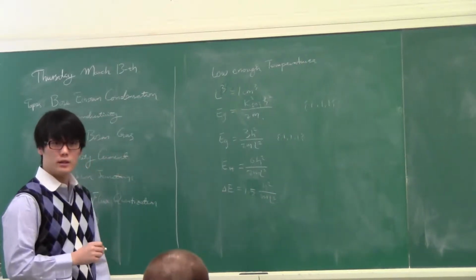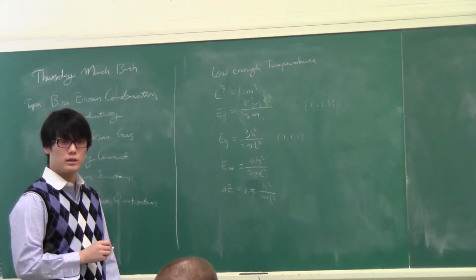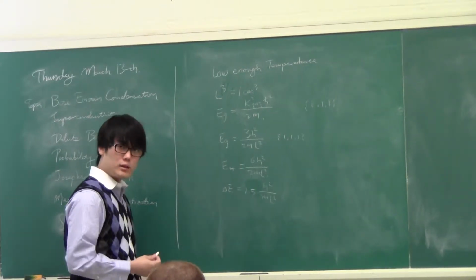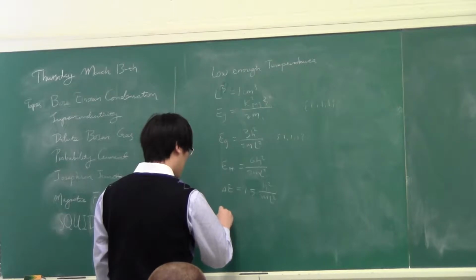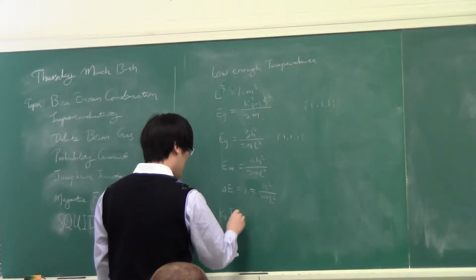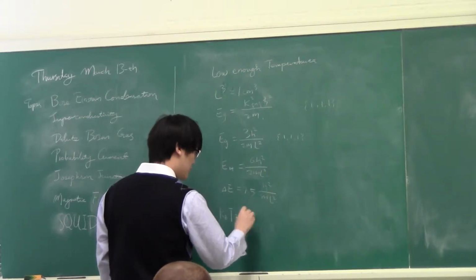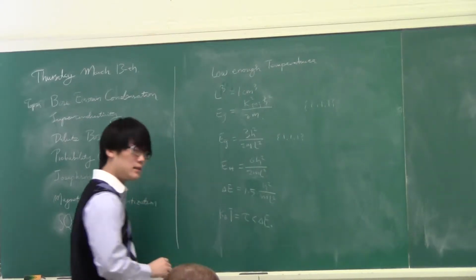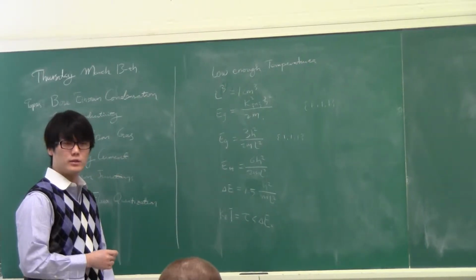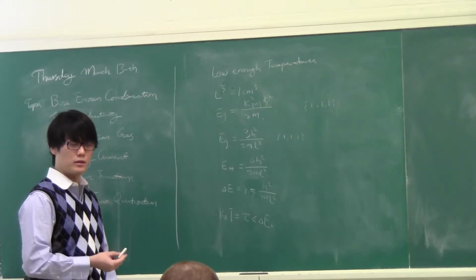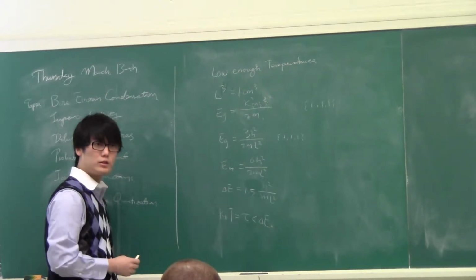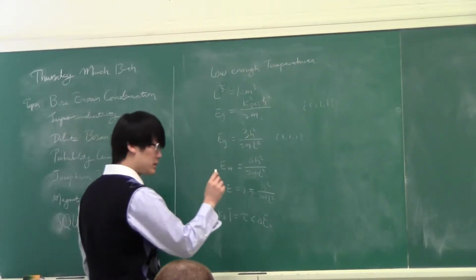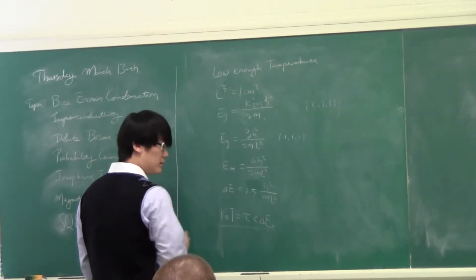Now if we plug in some numbers, let's think about thermal excitation. When kBT, which we will write as tau, is less than delta E, it says that the thermal energy, which is the energy you get for free by being in an environment of temperature T, is not enough to excite a particle from the ground state to the first excited state in this temperature range.